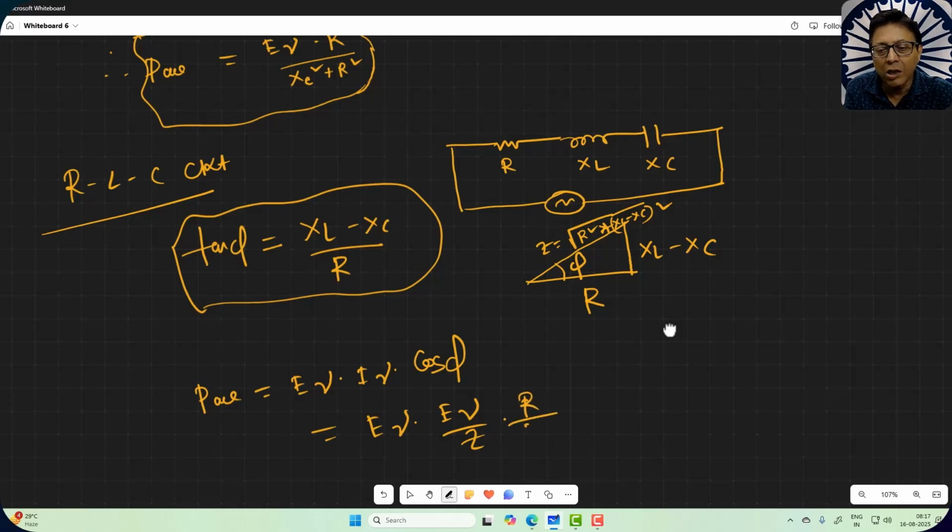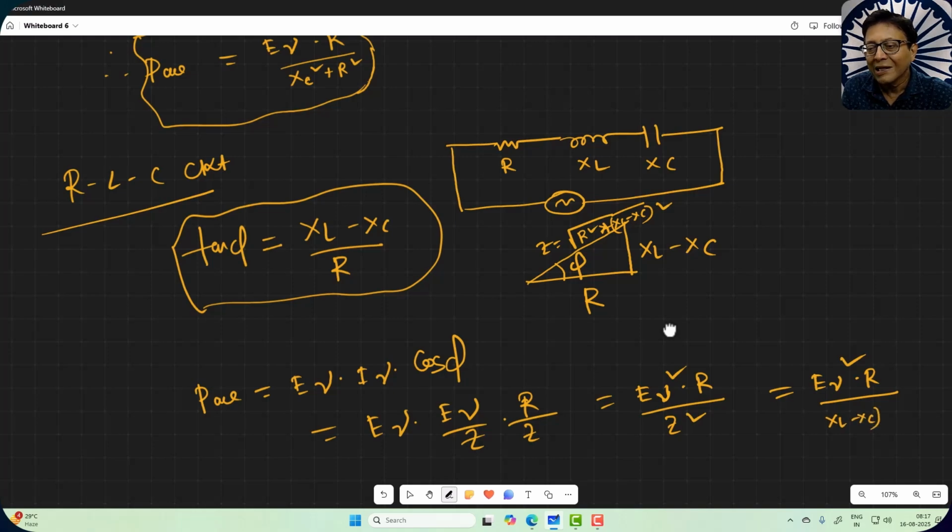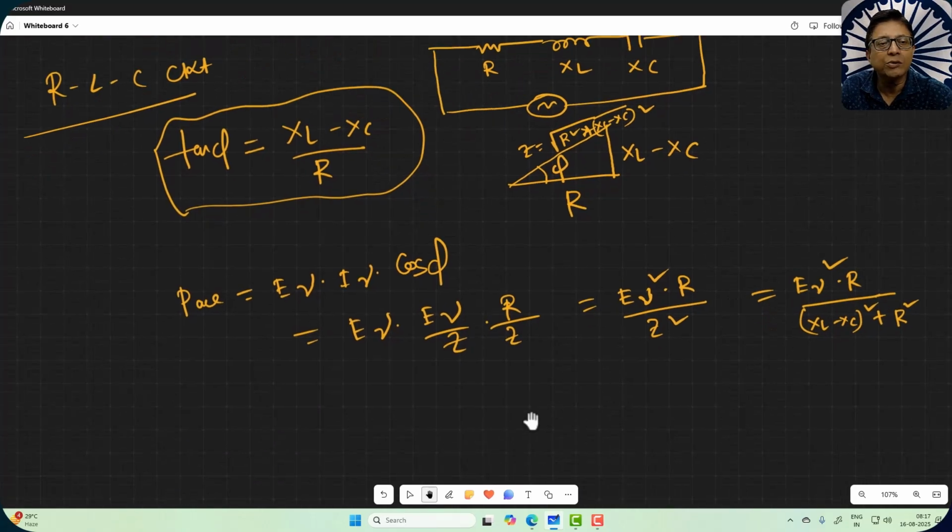That is also R by Z. So E nu square R by Z square. That is E nu square R by XL minus XC whole square plus R square. Hope you have understood. Average power of AC circuit containing R, L and C.